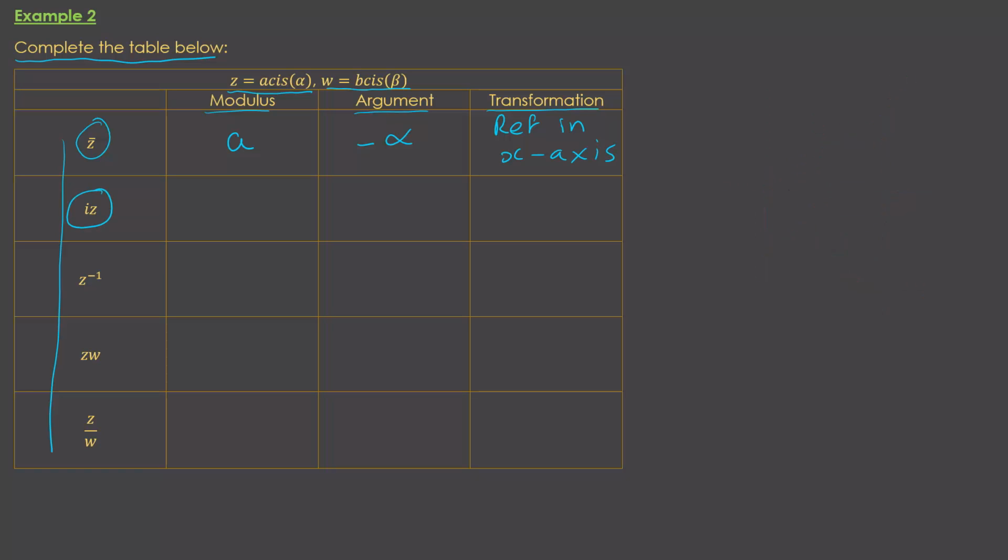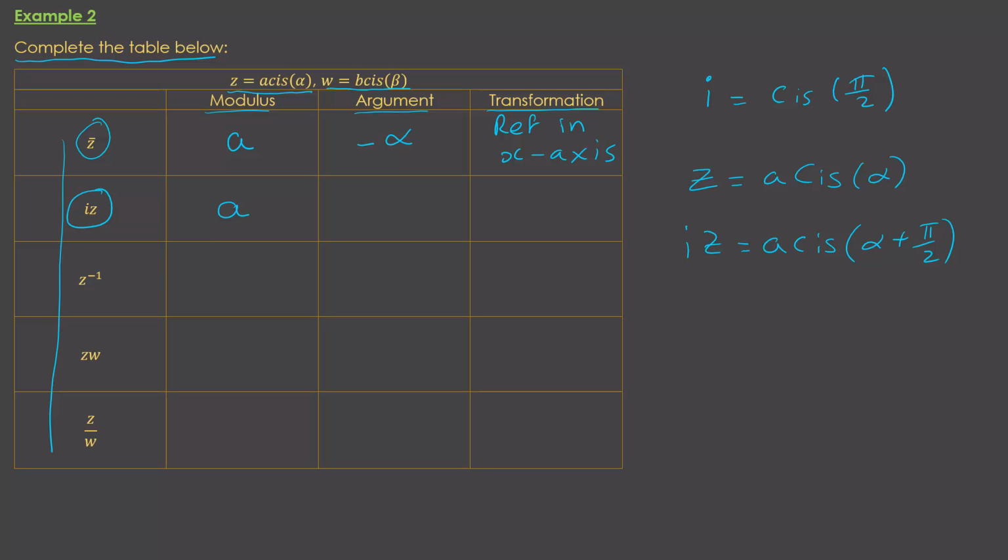The next one is iZ. Now remember that i is just cis pi by 2. So if Z is equal to A cis alpha, then iZ will be A cis alpha plus pi by 2.